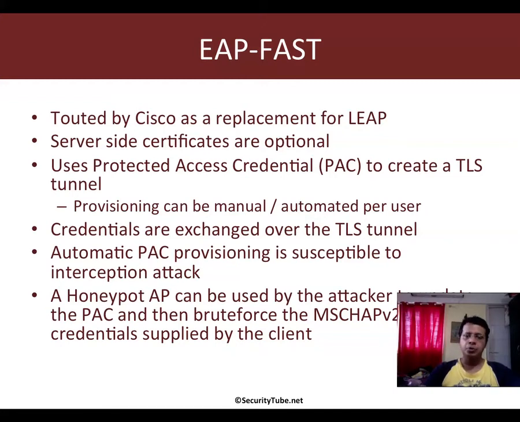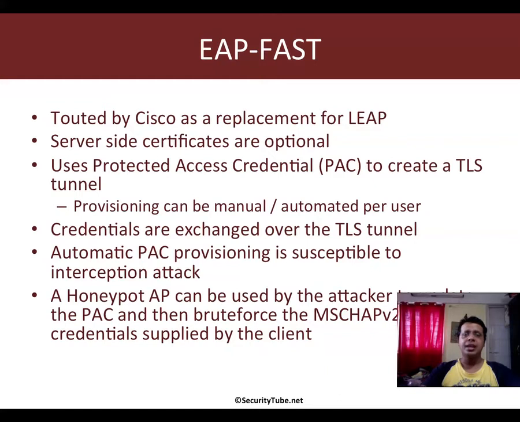This provisioning of the PAC can either be manual or can happen automatically. And once the PAC is available with the client, it can create a TLS tunnel inside which other inner authentication protocols can be used and authentication can happen.